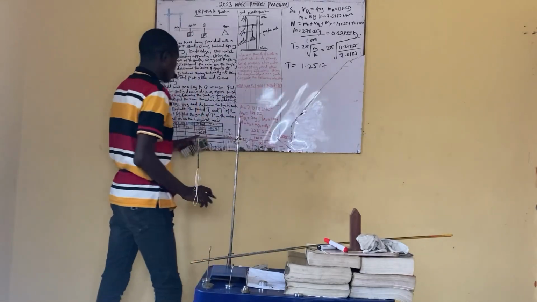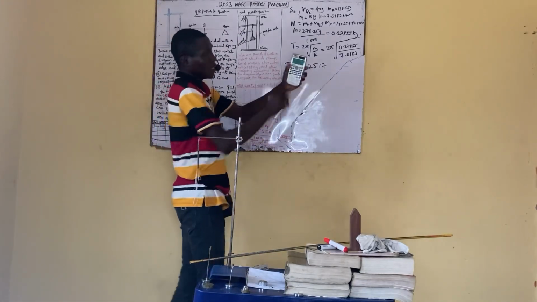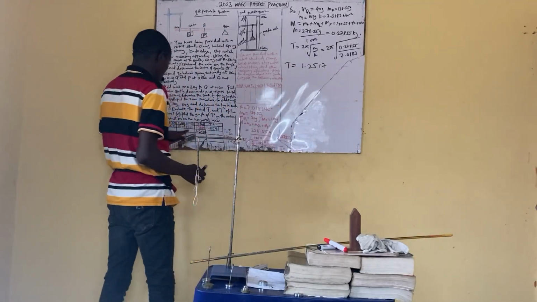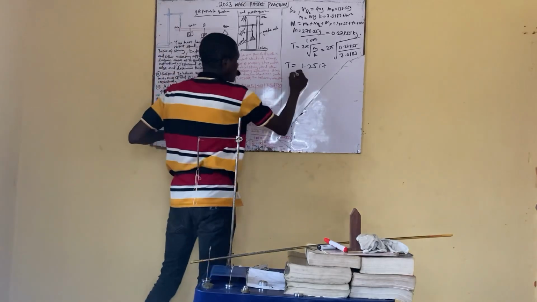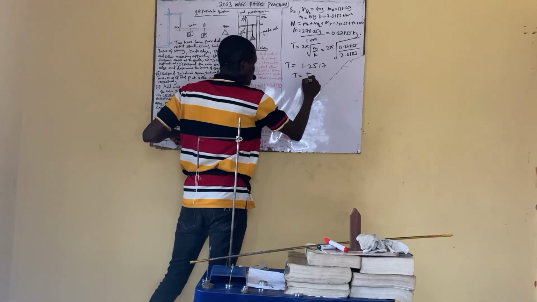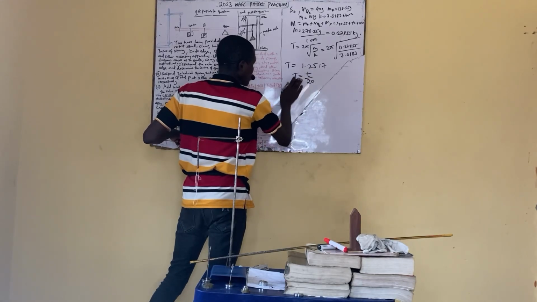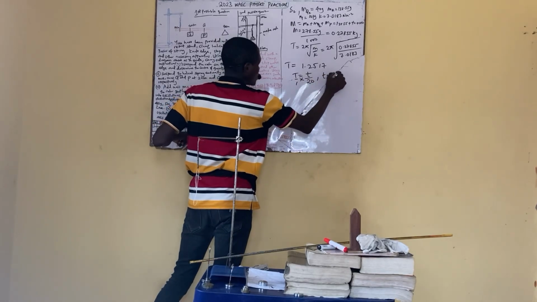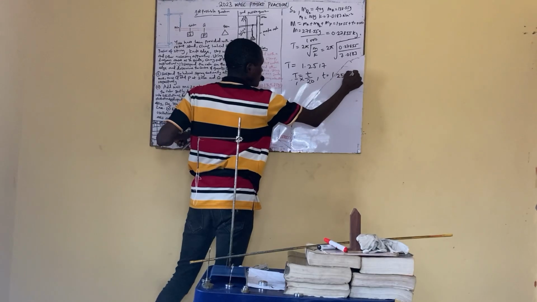I'm going to use the calculator to get my T now. Don't forget my T here is the period, this is T all over N, which is 20 oscillations. So to get my T, I cross multiply, which is T equal to 1.2517 times 20.